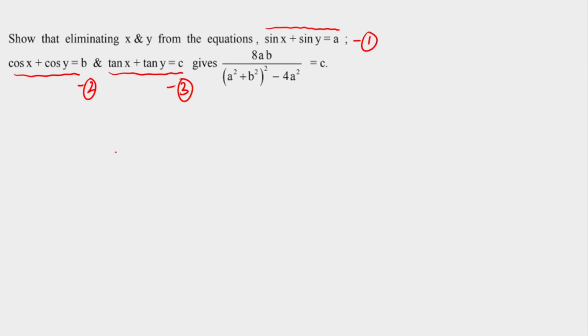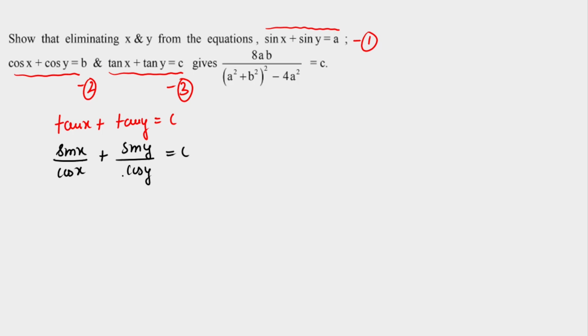So let's start with the third equation, that is tan of x plus tan of y is equal to c. Here I'm going to expand tan of x in terms of sine and cos. So I'm going to write this as sine of x divided by cos of x plus sine of y divided by cos of y is equal to c. Now let's take the LCM.